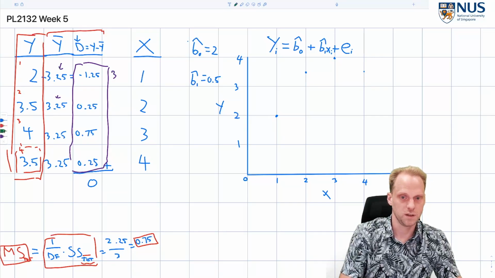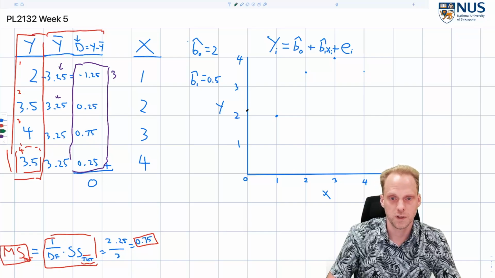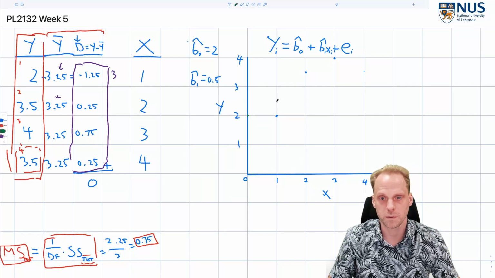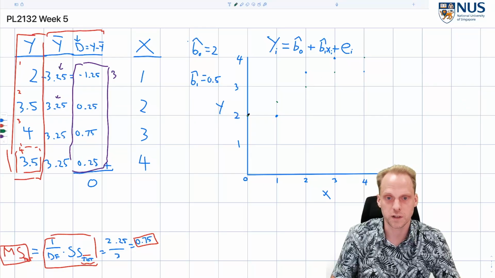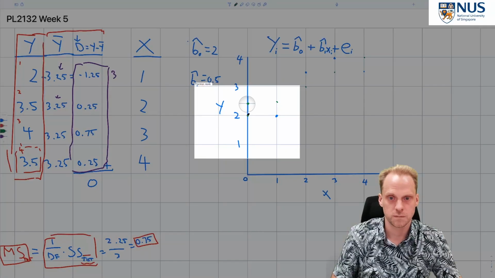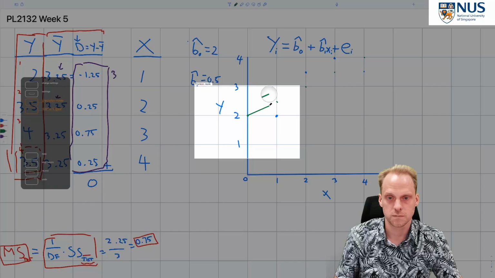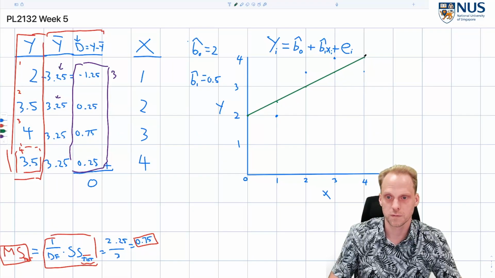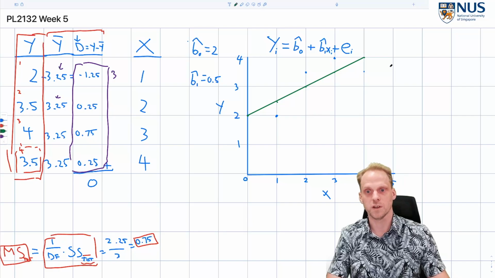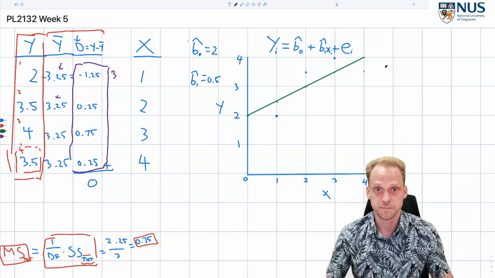So that means that if we add a line, it would start at this point 2 here, and then it would go up half a point at each increase of x. So we can try to draw that. Oh, there we go. And we have this regression line.